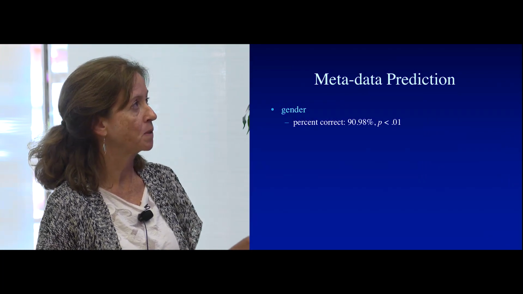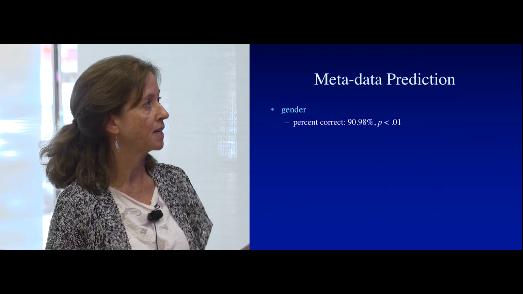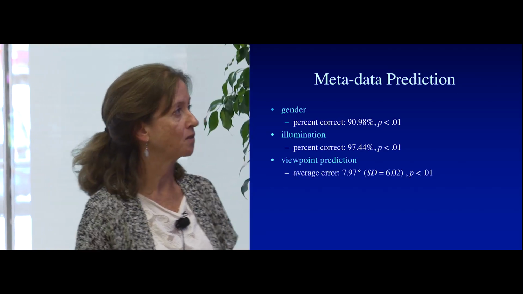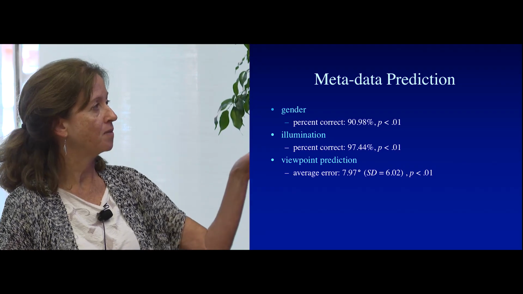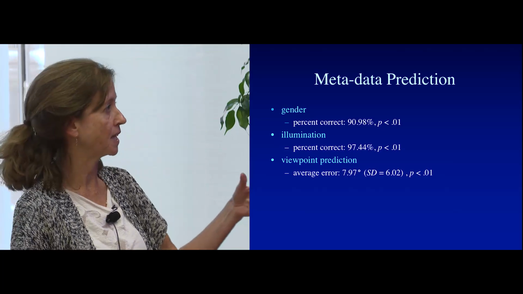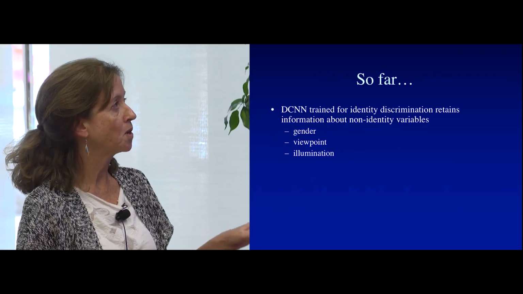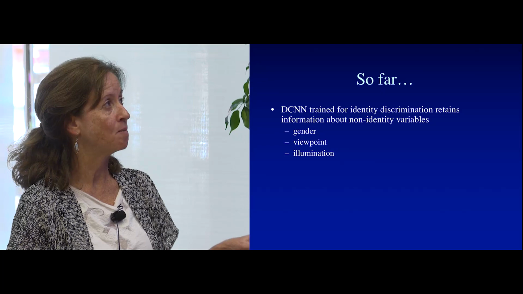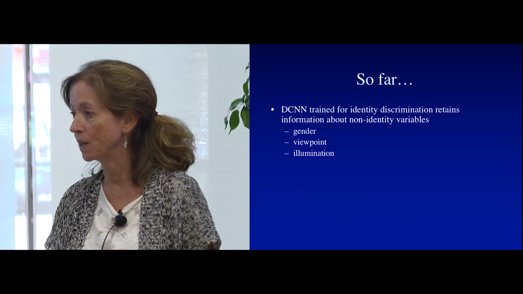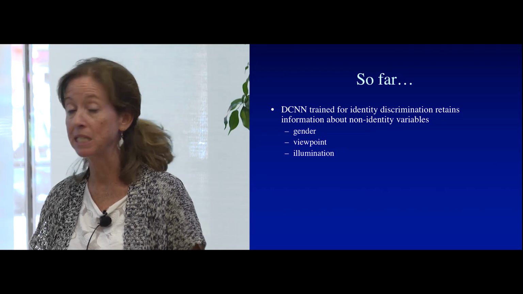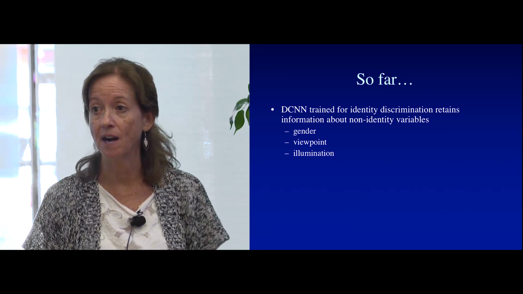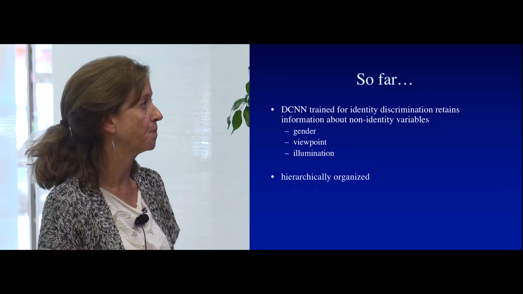Just to back this up with some quantitative data, we did gender classification, which came out 90% correct, illumination 97% correct, and viewpoint prediction with an average error of 7.97. Again, these are from the representations that come out of the DCNN. So far, we know that a DCNN, by the way, I should say, is trained for identity discrimination. It doesn't know anything about gender, doesn't know anything about viewpoint, or at least nothing explicitly, yet it does retain these other obviously salient visual variables.